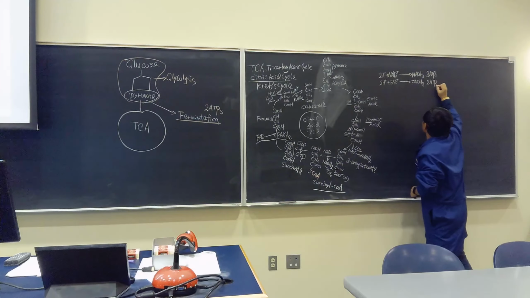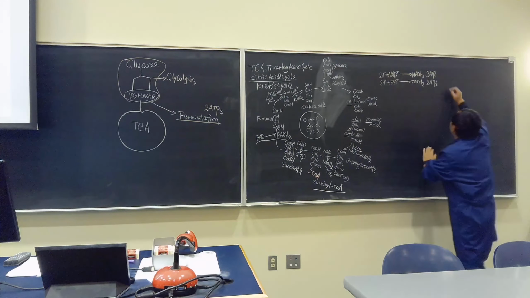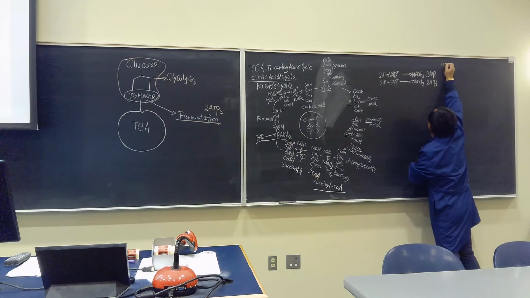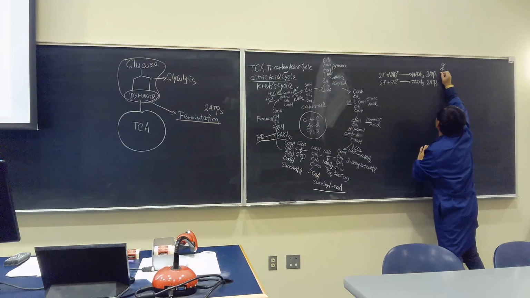That's an old calculation. In your textbook right now, or the biochemistry textbook, in the recent 5 to 10 years, because we consider the ratio between oxygen and phosphate, the top one becomes 2.5 ATPs, and the bottom one becomes 1.5 ATPs.